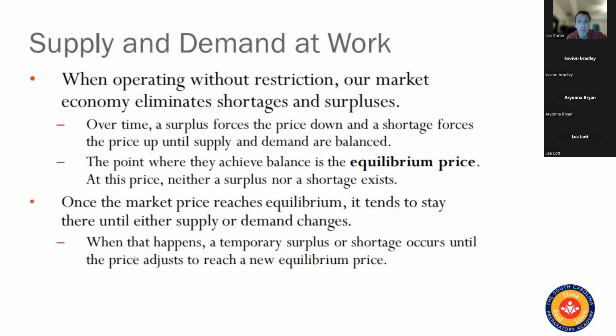So the equilibrium price where the supply and demand meet is the price that is set, and as that changes over time, the price goes up and down. Once the market price reaches the equilibrium, it will stay there until the supply or demand changes. Then you have a surplus or a shortage, and they'll adjust the price to the new equilibrium price.